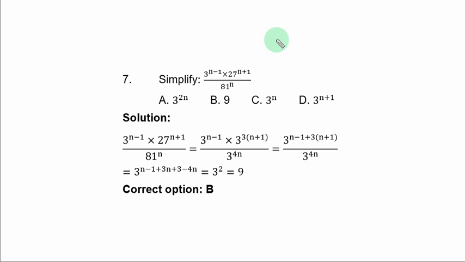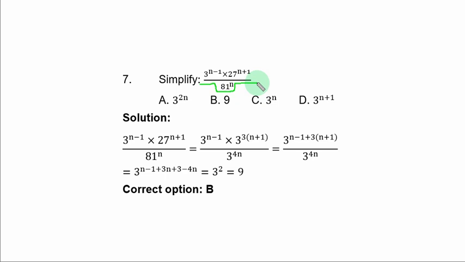Question 7. Simplify 3 power n minus 1 times 27 power n plus 1 over 81 power n. This is exponential problem. So looking at the bases, the lowest base is 3.